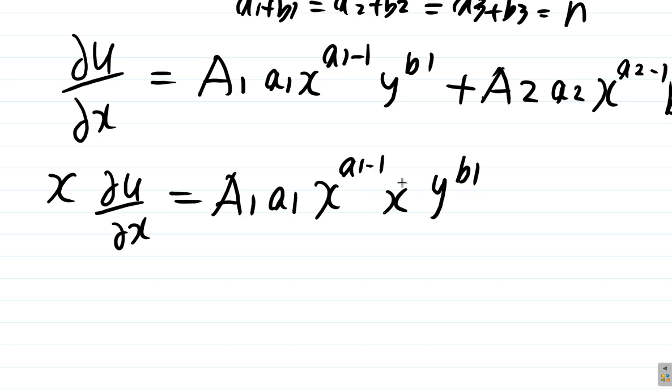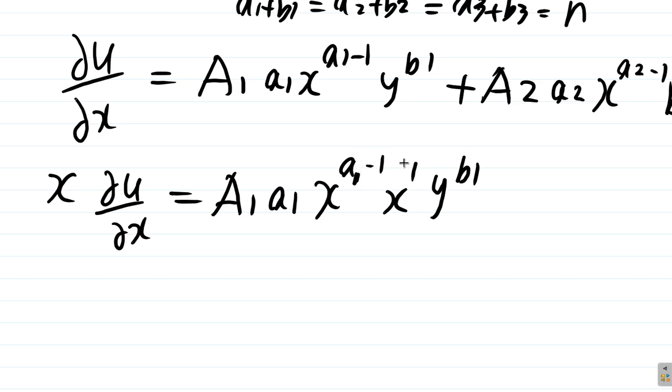If we multiply this by x, this is x to the 1, right? And when we add the powers, a1 minus 1, remember, I don't want it to look this way. This is a subscript 1, right? It's not 1 minus 1, it's a1 minus 1 times x to the 1.